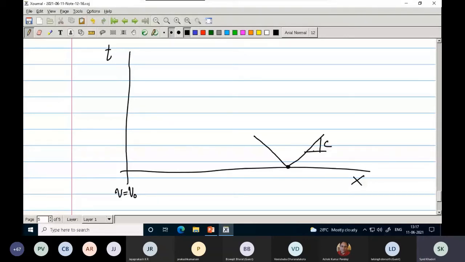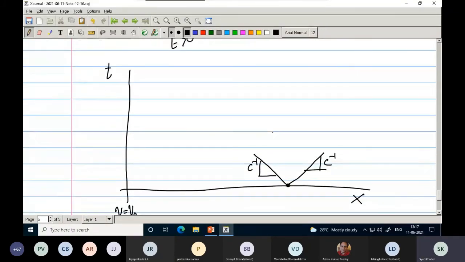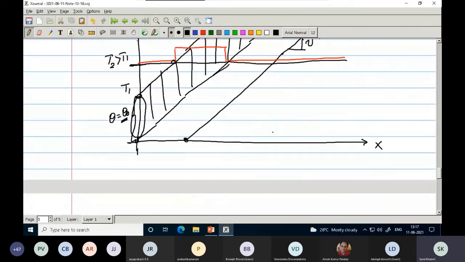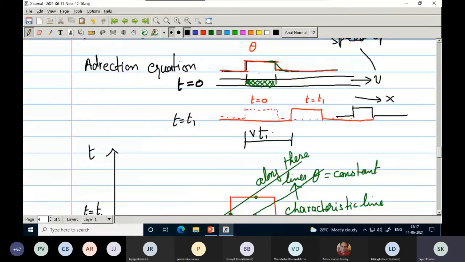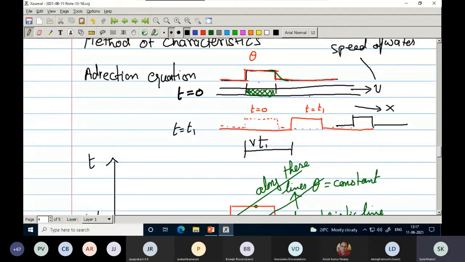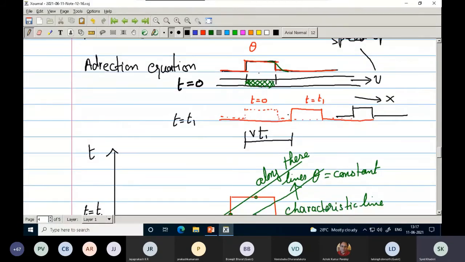In the advection problem, information flows to the right because of the flow of water.